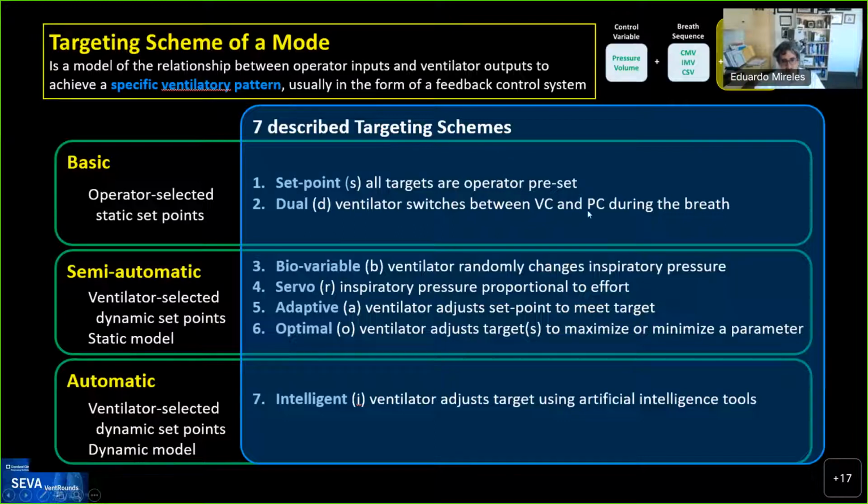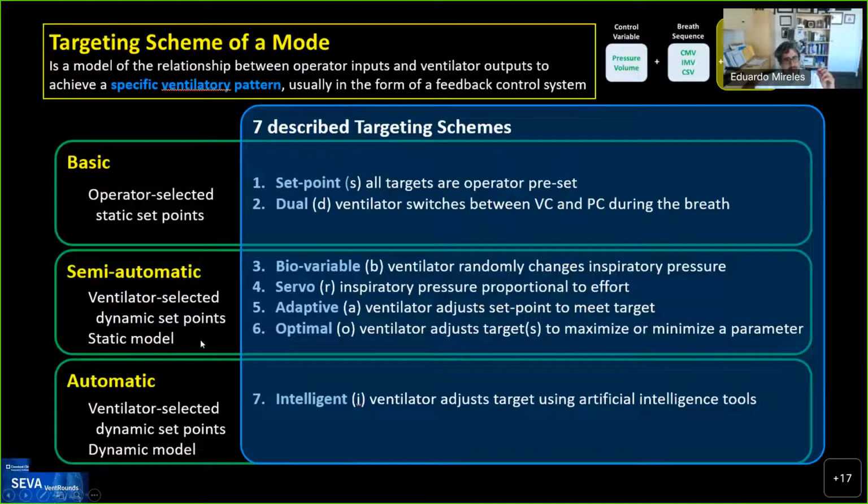So for example, to reach a tidal volume, it will adjust the inspiratory pressure to reach that volume. And then optimal, where the ventilator will continue to adjust ventilator settings to maximize or minimize a parameter. So optimizing the settings to reach that level.